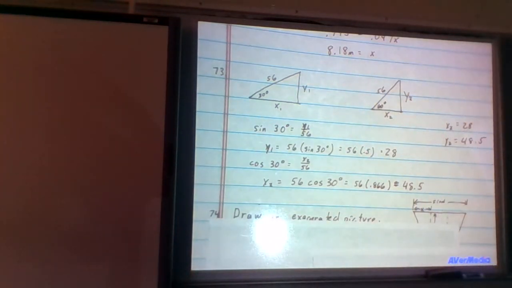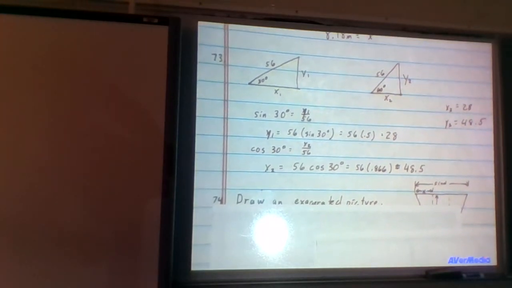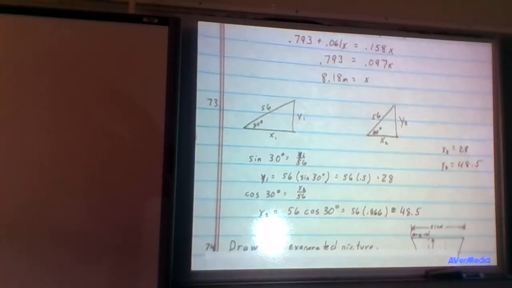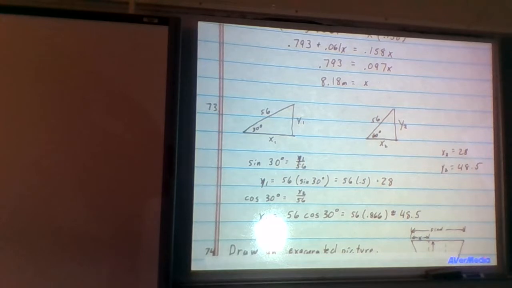You want to slide it up just a little bit. The other way, so I can see 17. Oh, you need to see that a little bit more. Okay, that's good. So the key there was figuring out that your hypotenuse was 56.